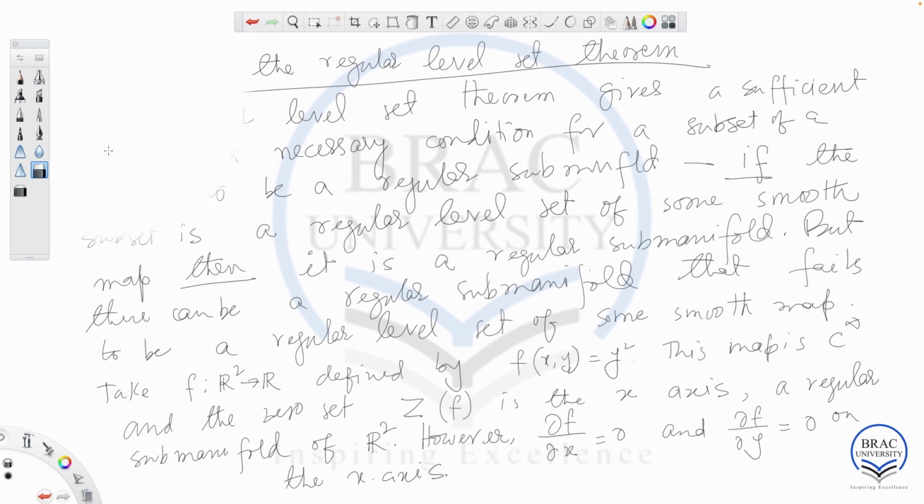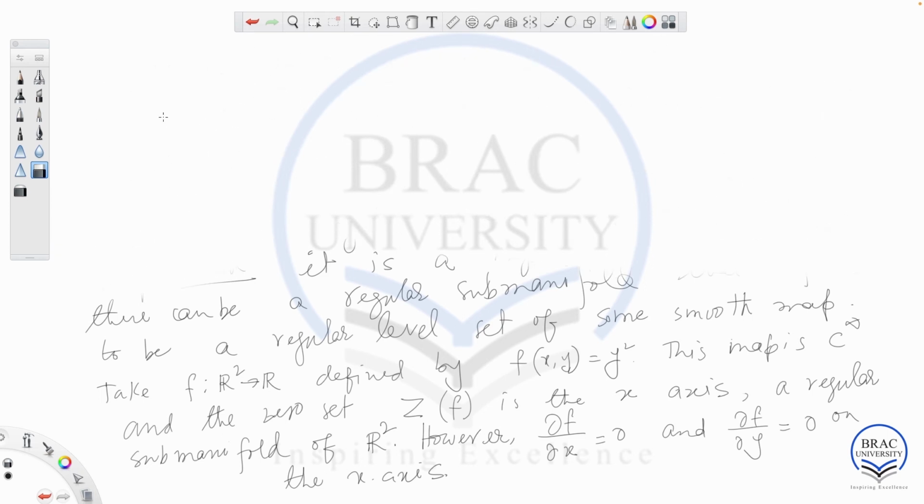By proposition 9 of lecture 6, all the points on the x-axis are critical points. Every point of Z of f, that is the x-axis, is a critical point of f, right?